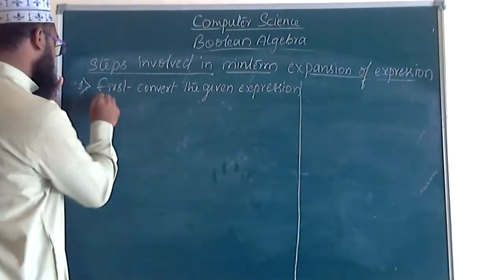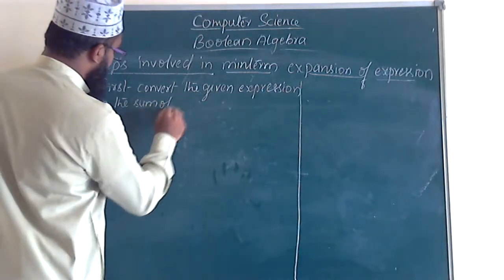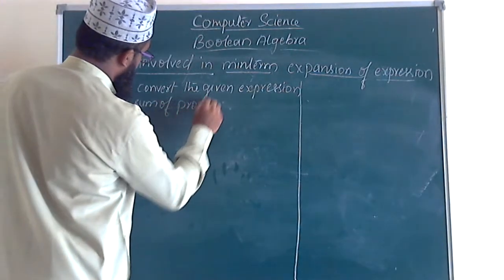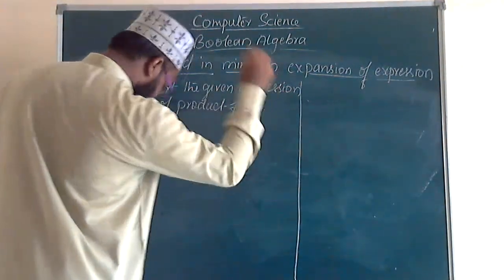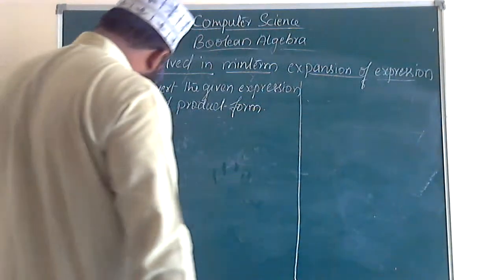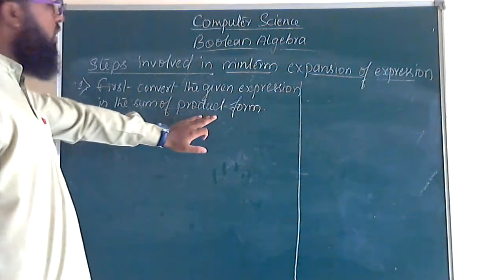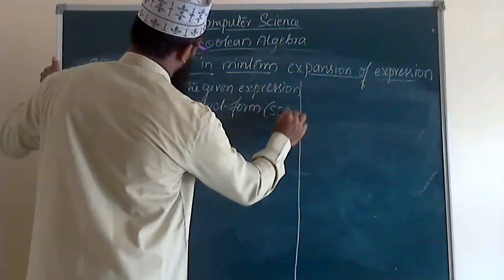First convert the given expression in the sum of product form. Sum of product form, in short, is called SOP form.